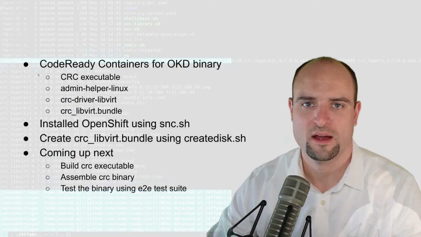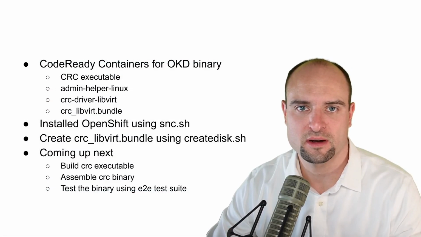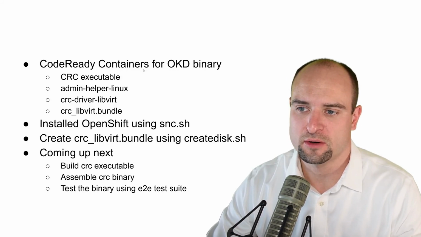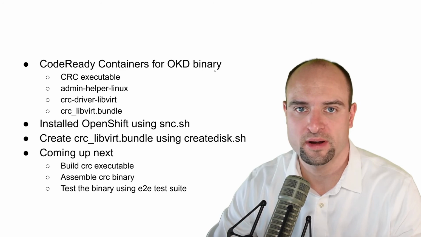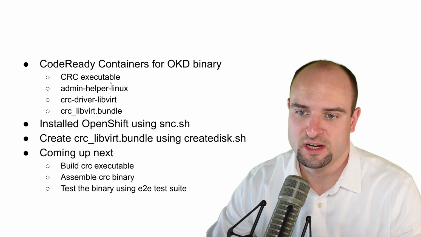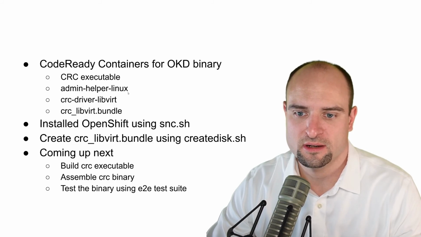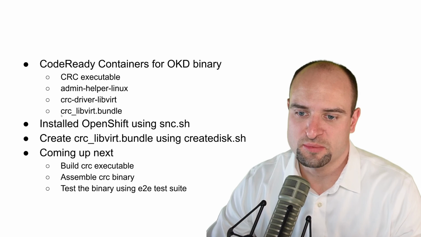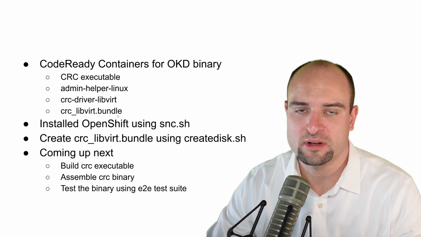Let's review what we covered in this video. We reviewed the internal structure of CodeReady Containers for OKD binary. We found out that there are 4 components bundled inside. There is the CRC executable, the admin helper Linux utility, the CRC driver Libvirt, and then the largest part, which is the CRC Libvirt bundle.